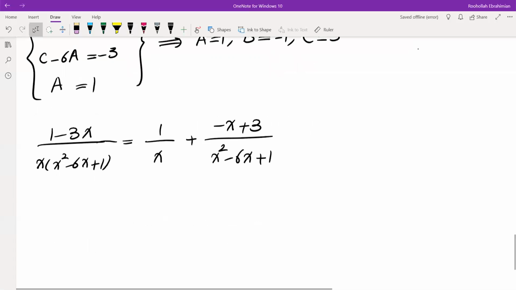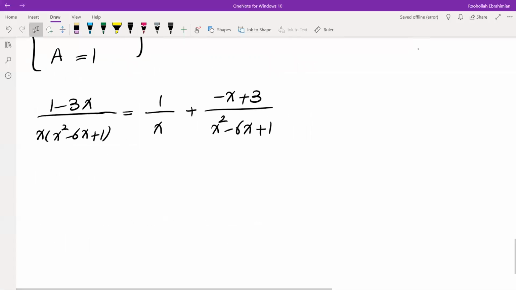Okay, so I'll have to integrate that. 1 over x is easy to integrate, and fortunately the derivative of the bottom here becomes the top. So if you integrate that, you get natural log of x plus, derivative of the bottom becomes 2 times the top. So if you differentiate that, you get 2x minus 6, which is 2 times x minus 3.